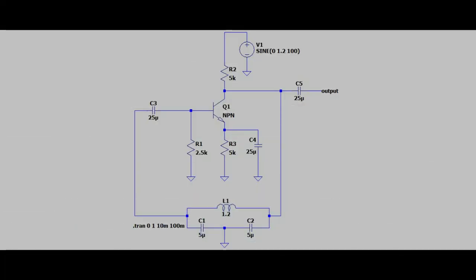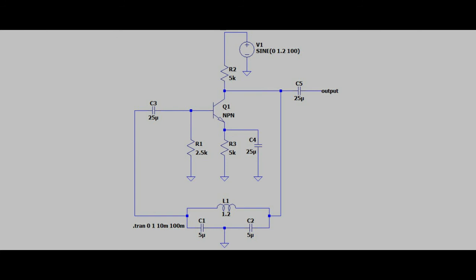To start off, the components that we'll be using to create a functioning circuit for the simulation are the following: 1 bipolar NPN junction transistor, 3 resistors with values of 2.5 kiloohms and 5 kiloohms, 5 capacitors with values of 5 nanofarads and 25 nanofarads, 1 inductor with a value of 1.2 H, 1 voltage source with a sine value of 1.2 volts for the voltage amplitude and 100 Hz for the frequency, and the ground.